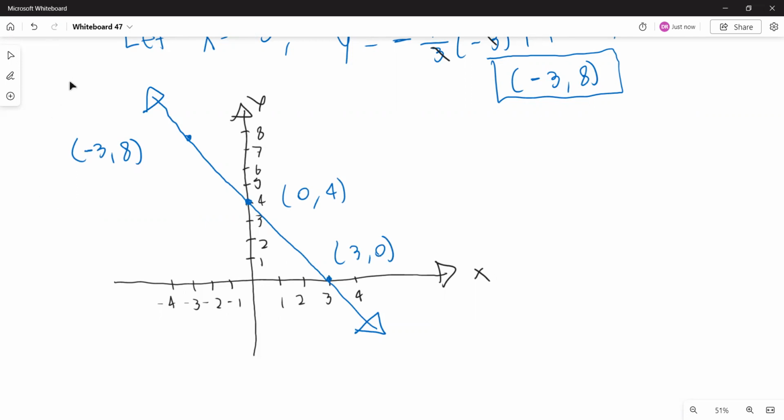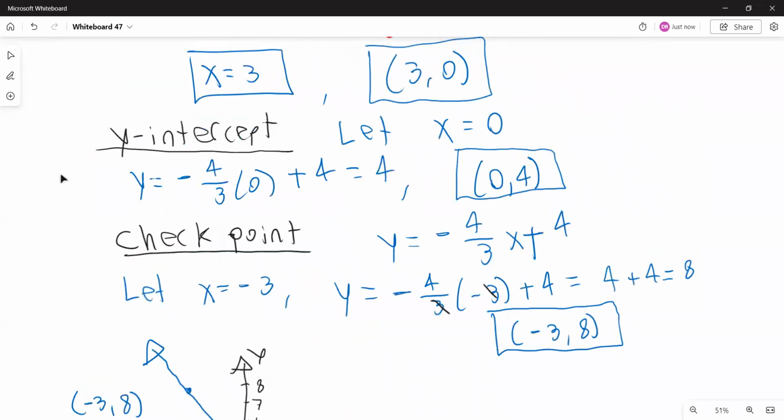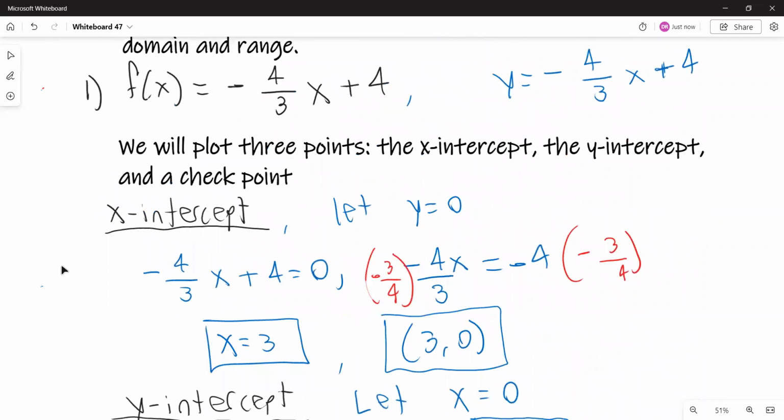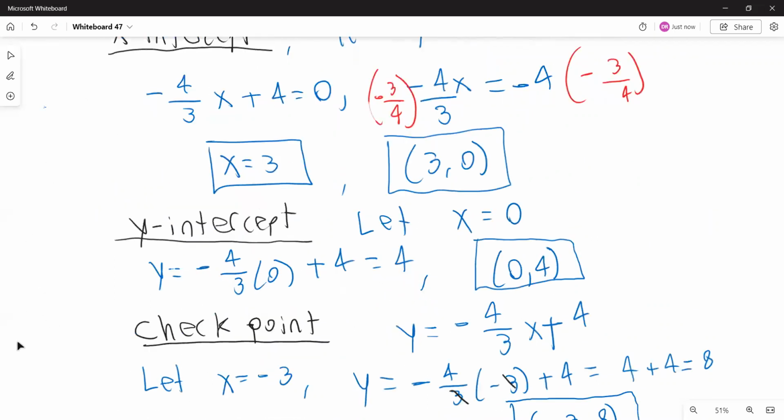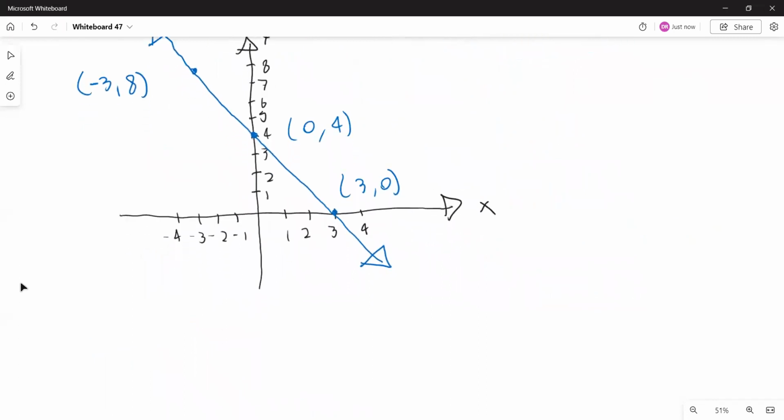So next example, the first one was example 1. We did f of x equals the opposite of 4/3 x plus 4. Example 2. The function is f of x equals -2.